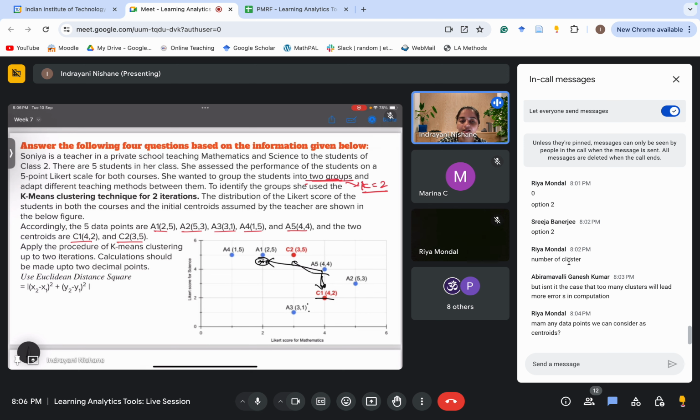So considering any point randomly as the initial centroid is also accepted while doing calculations for k-means clustering. Any more doubts?